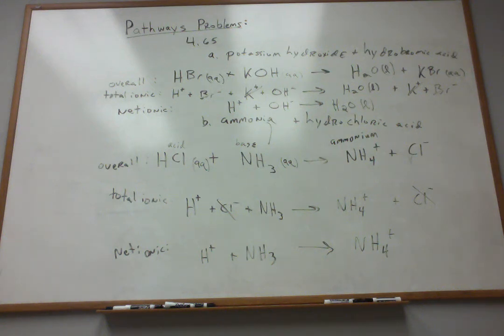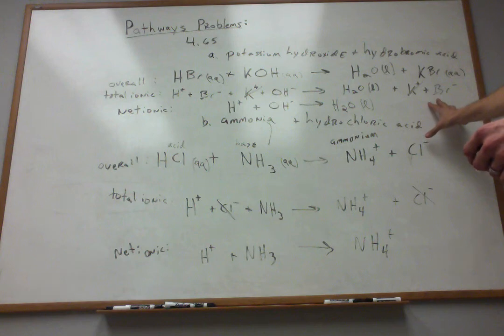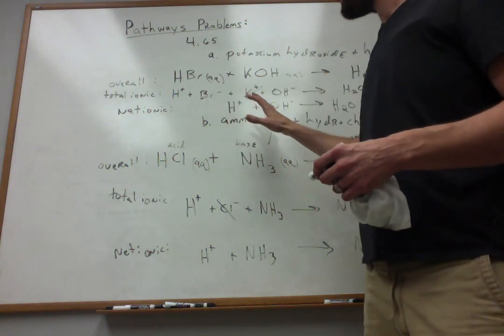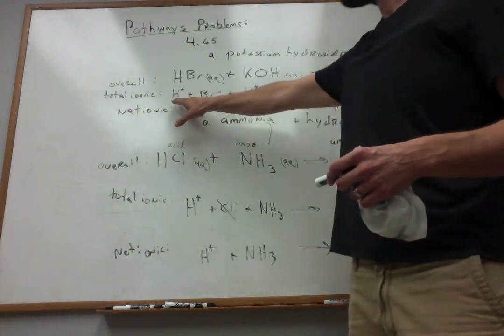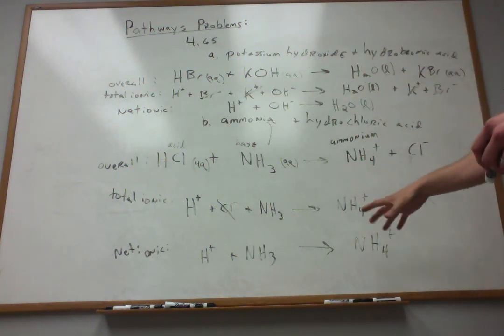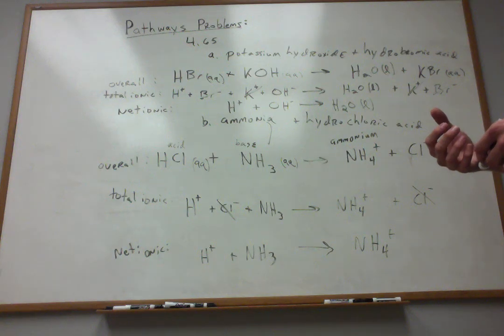In terms of writing equations and predicting products for this, if you've got the strong acid, strong base, you make water and a salt. Okay, that's pretty straightforward. What these ions are may change a little bit, but usually you've got H plus and OH minus, and that's what makes your water. Now the second category of reaction, it's a little bit, I think, more confusing because you have to think about acids and bases in different terms.